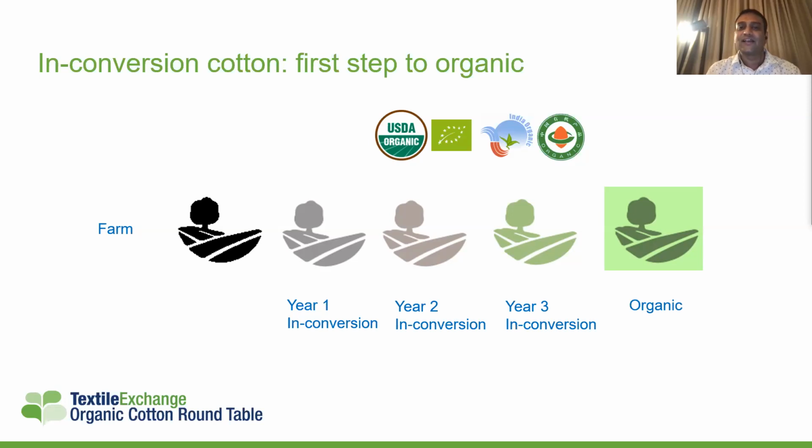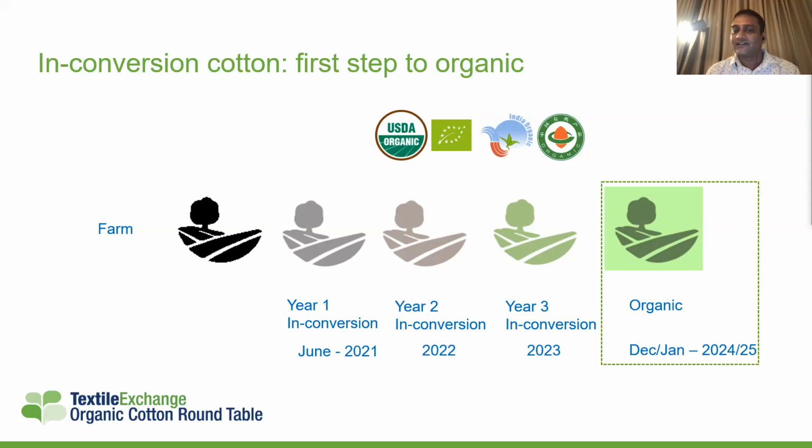Along with that, if my final end is in the US, then USDA. So from the very first day, as a farmer, I need to start using USDA, European Union, or Indian or Chinese standards. And on year 1, year 2, year 3, it's a part of the organic certification. But these first 3 years are called in conversion time to the organic, which is not additional certification, but it is still a part of organic certification.